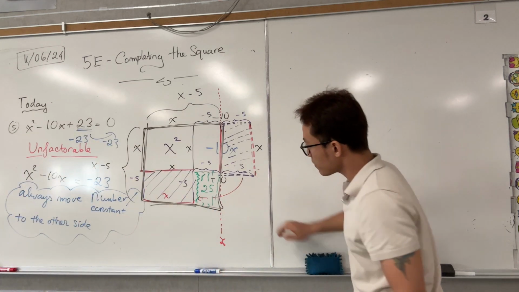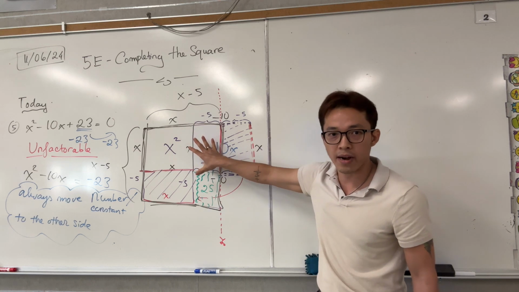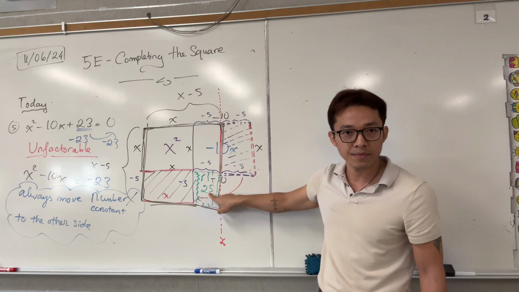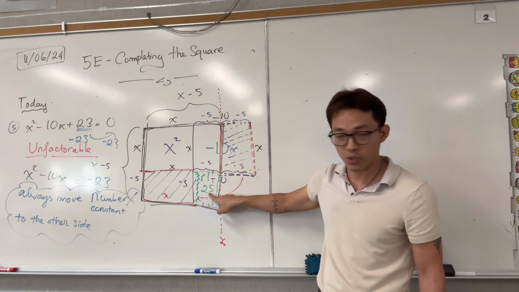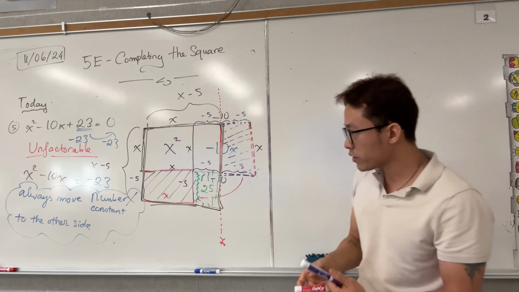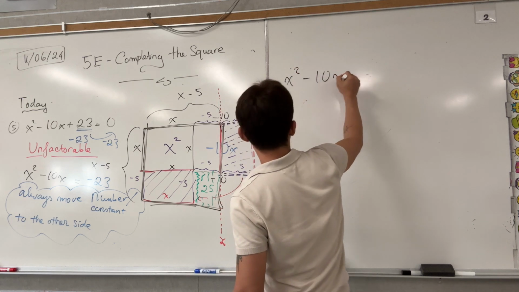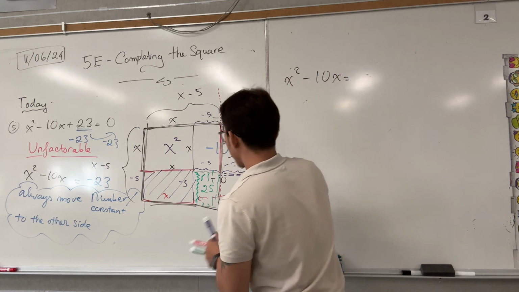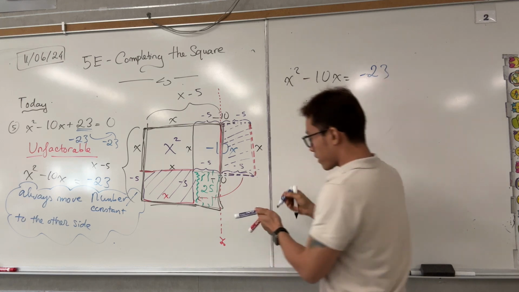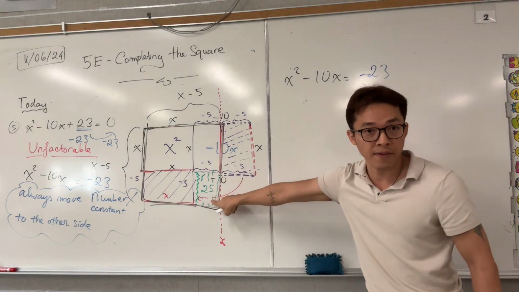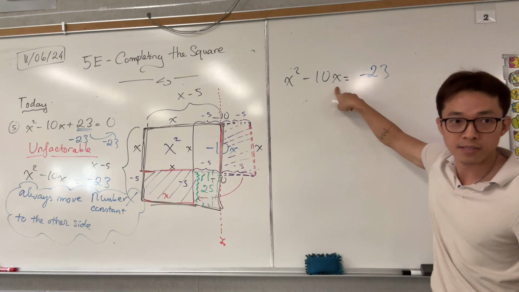So, in order to complete the square, you need to add what? 25 to complete the square, right? So I'm going to write this one over here: x squared minus 10x equal to negative 23. I'm going to add this 25 to this.